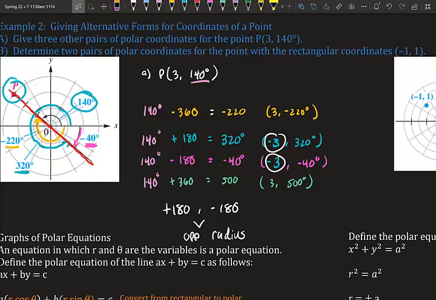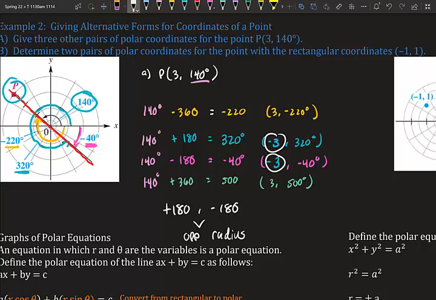So basically, if you get stuck on whether it should be negative or positive, first of all, 360s, don't worry about them. Your 180s are the only ones that you have to be careful of. So graph them, and you'll be able to see, well, 320, that's negative x's. And then negative 40, since that's a negative angle, we have to actually find the positive angle that it exists on.